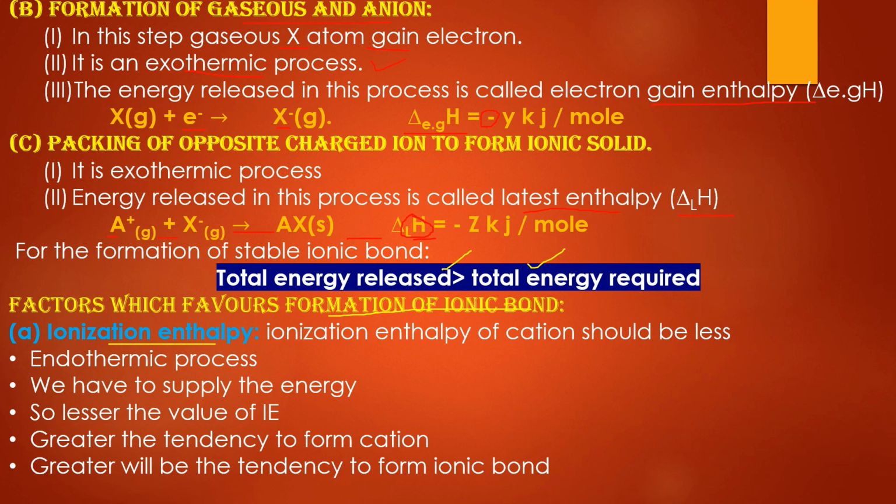Because we are supplying this energy, it should be less. Again I am repeating that the process of formation of cation is endothermic, so we have to supply this energy. That means this energy should be less, so the ionization enthalpy value should be less, and the lower the ionization enthalpy value, the greater the tendency to form cation and the greater the tendency to form ionic bond. So for the formation of ionic bond, the ionization enthalpy of the metal should be less.